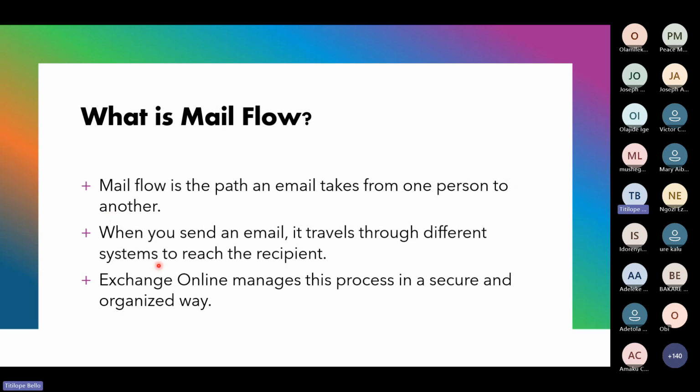When you send an email, it travels through different systems to reach the destination. I will show you some diagram to help visualize this. And Exchange Online manages the process in a secure and organized way, right?